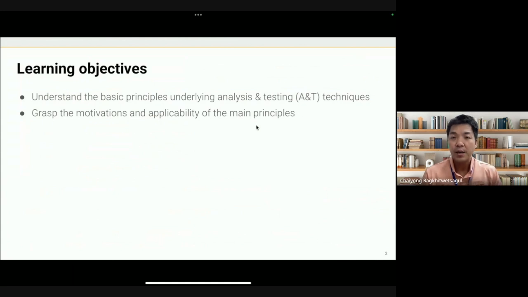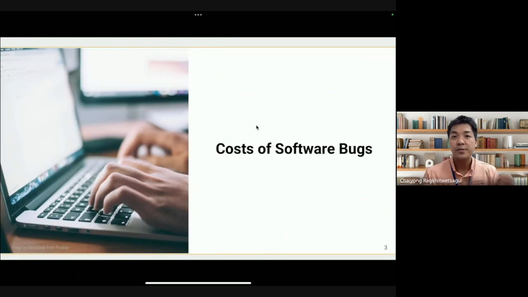We will also discuss the principle called model-driven test design, and what software engineers and quality assurance engineers are doing in practice. So let's get started by discussing the cost of software bugs first.